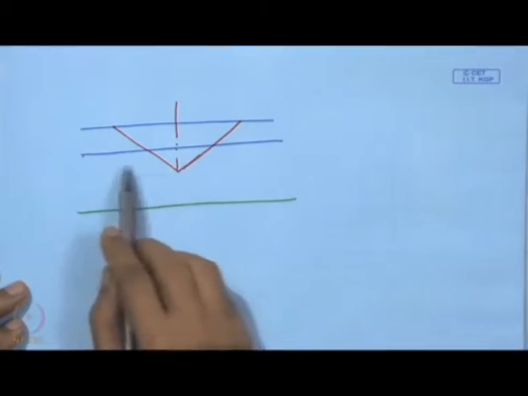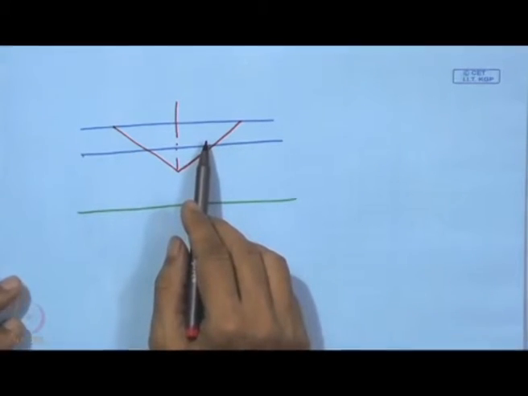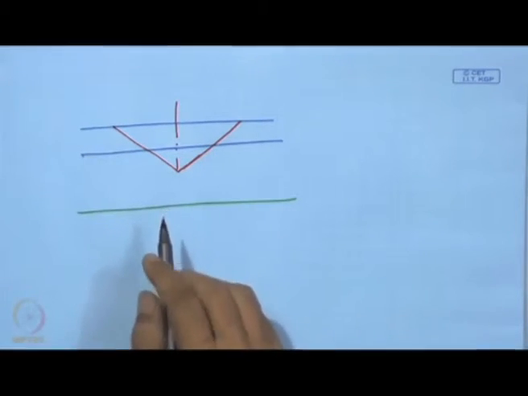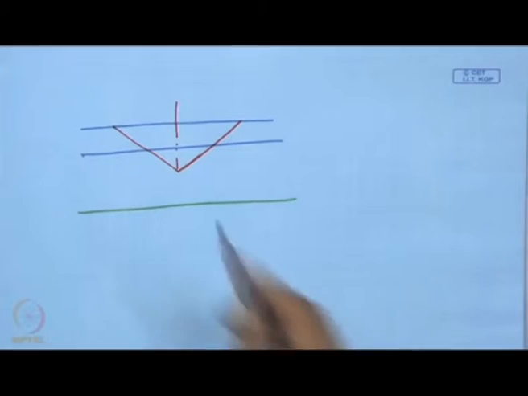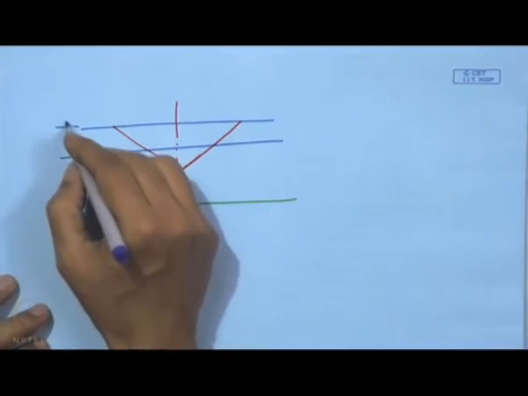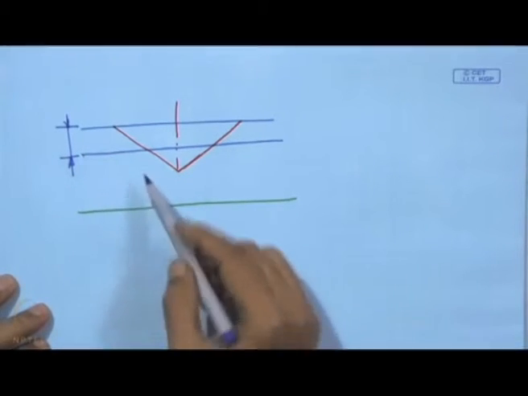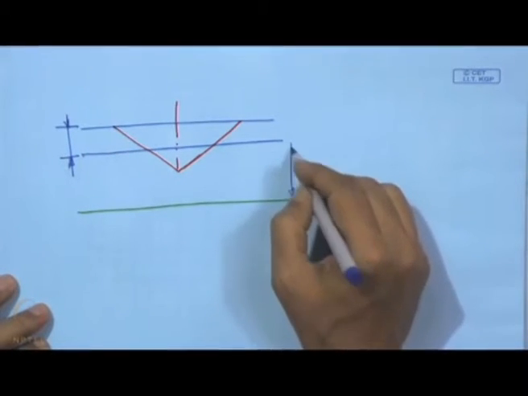So, the impression given by this indenter, that we have shown by this red line, and these two blue parallel lines are the coating zone, that is the coating, and this part is the substrate.